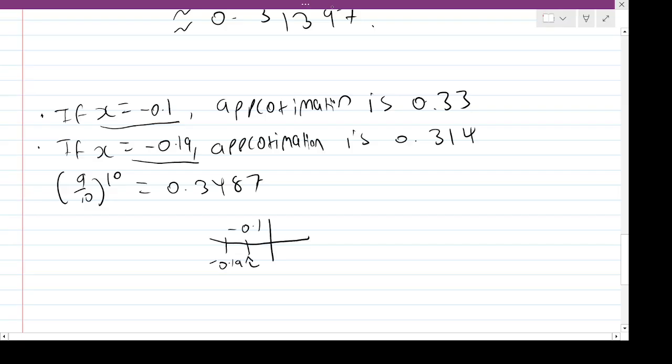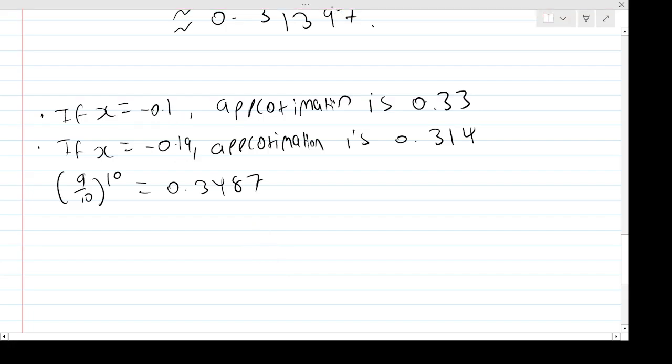Well, 0.1 is closer to 0. So we could think that a smaller value of x, a value closer to 0, gives a closer approximation to the actual answer.